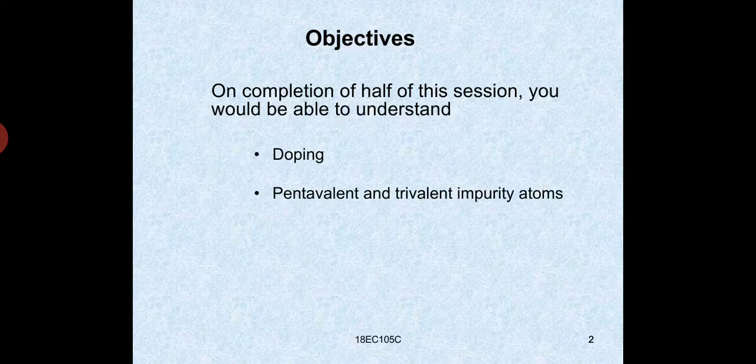Then you'll also understand what the pentavalent and the trivalent impurity atoms are. Then we'll also see how the formation of N type of semiconductor is achieved. We'll review after half of the session, then continue with the rest of the objectives.